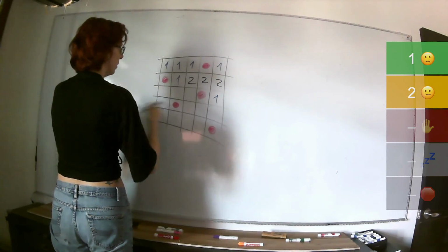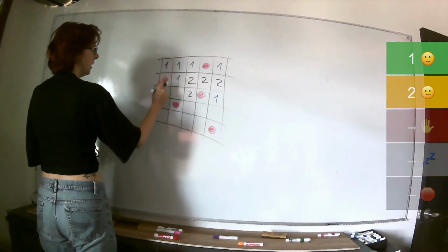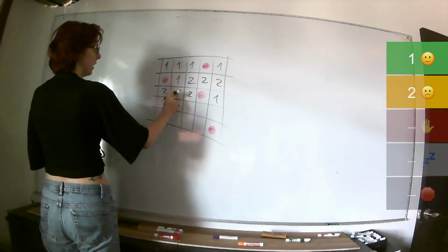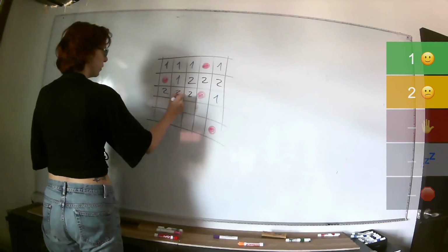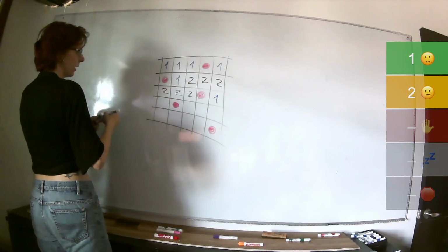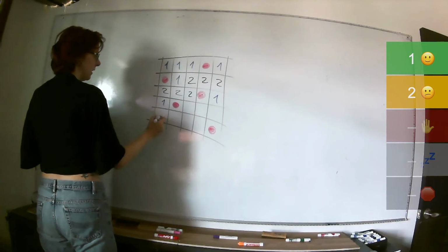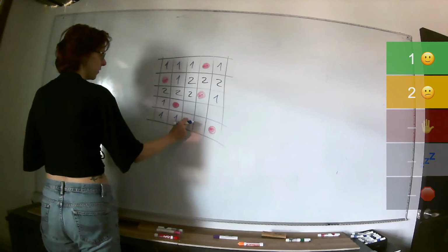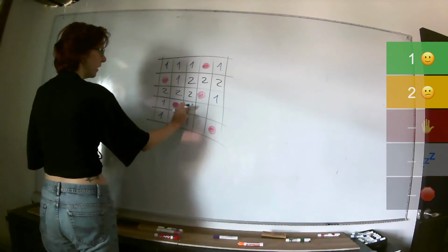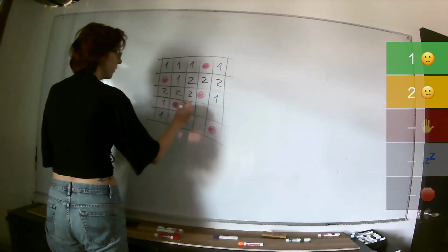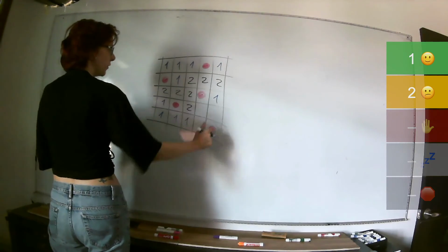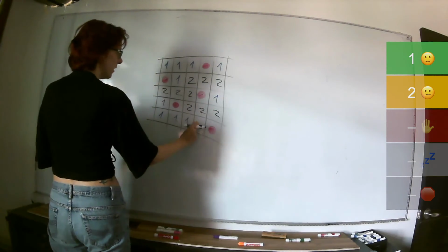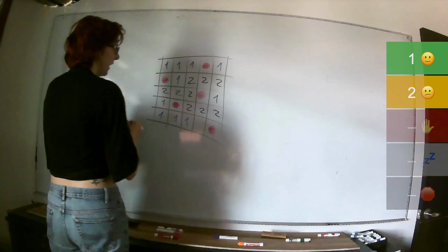This one and this one. This one's going to have those 2. This cell's going to have those 2. This cell here is only going to have 1 neighbor with a mine. So does this, so does this. So does this. This one has 2 neighbors that are mines. This one has 2 neighbors that are mines, and so does this. And this one here has 1 neighbor that has a mine.